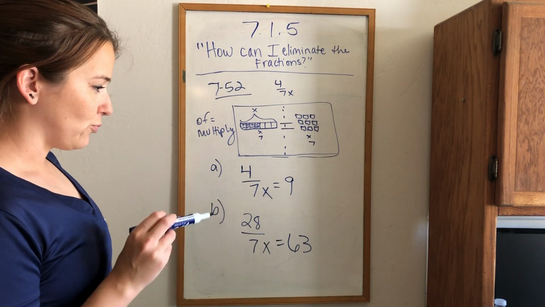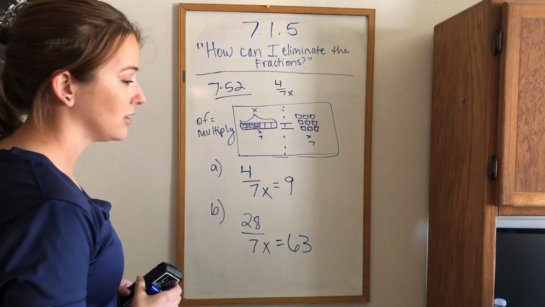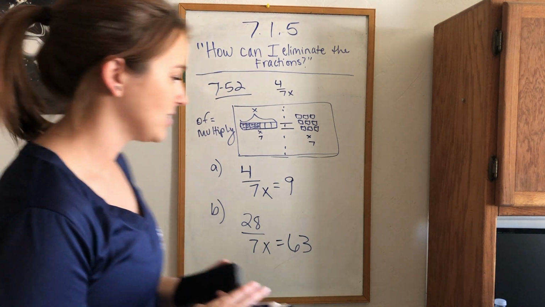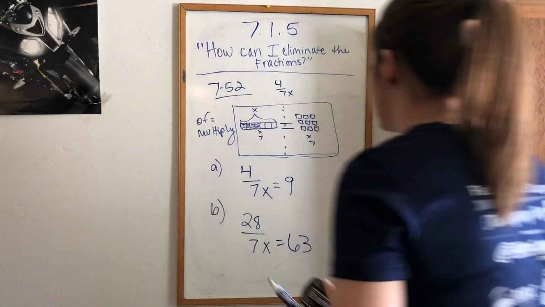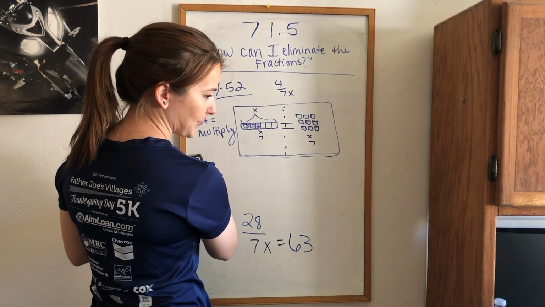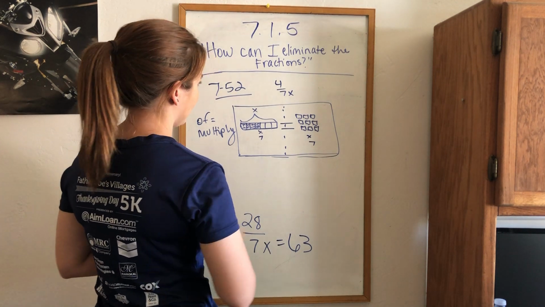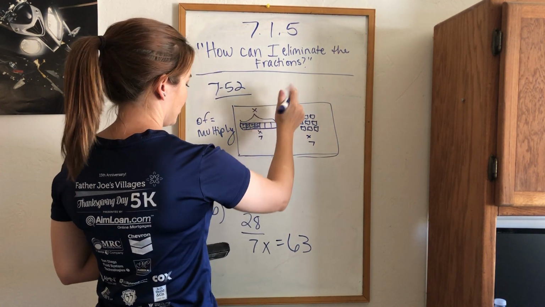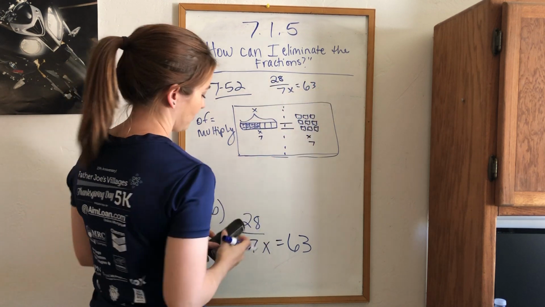So now it says, work with your team to discuss her strategy for solving. We're going to answer the following questions for C. So it looks like there's 4 bullet points under C. So I'm going to rewrite this up here. 28 sevenths x equals 63, so we don't forget it.